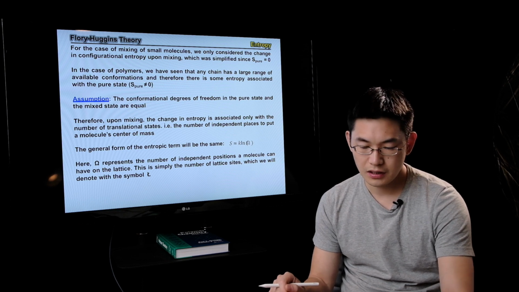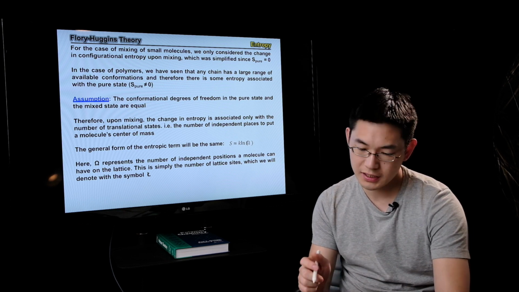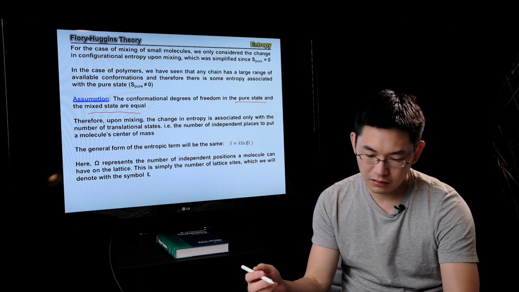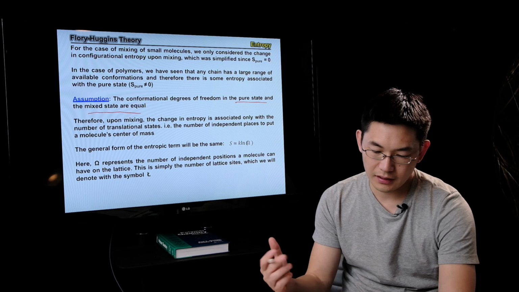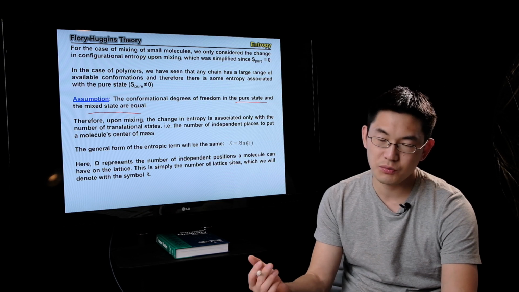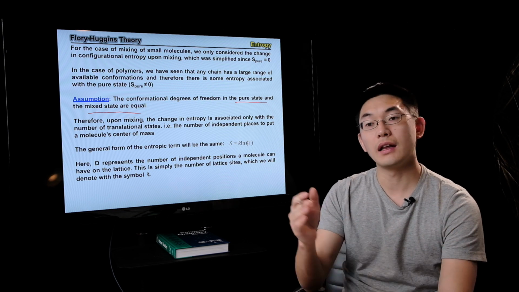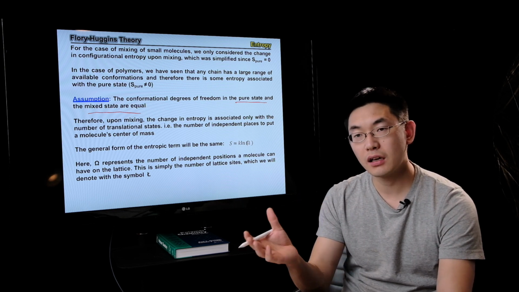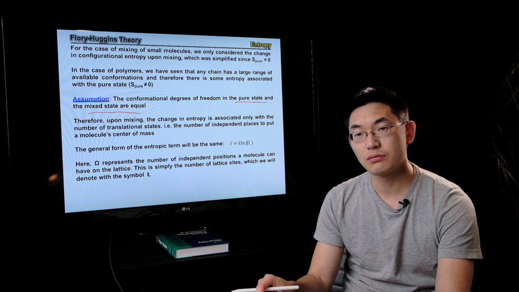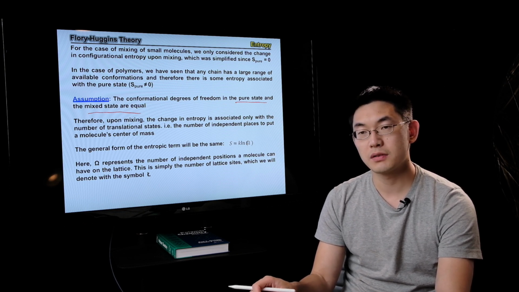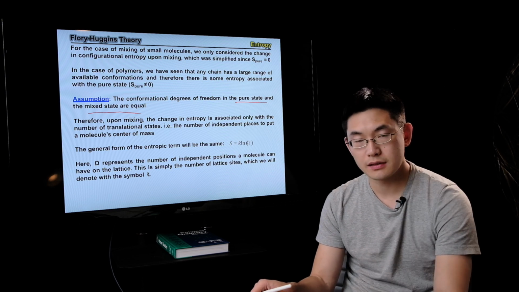In other words, the degrees of freedom in the pure state and in the mixed state are equal. And as we know, for the mixed state, we need to consider S before mixing and S after mixing, and we can then calculate delta S, which is the entropy change during the mixing process.